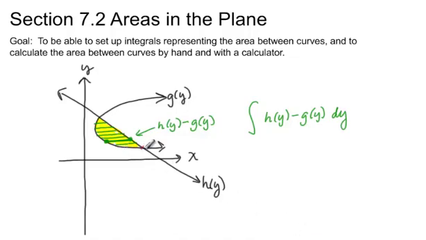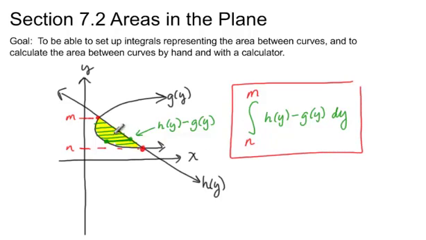So we actually need the y values of these points of intersection. Since we don't actually have functions here, let's just say this is n and this is m. So I'm stacking these infinite number of strips starting at n and going all the way up to m. So this integral would give me a value for the area enclosed by the two curves.